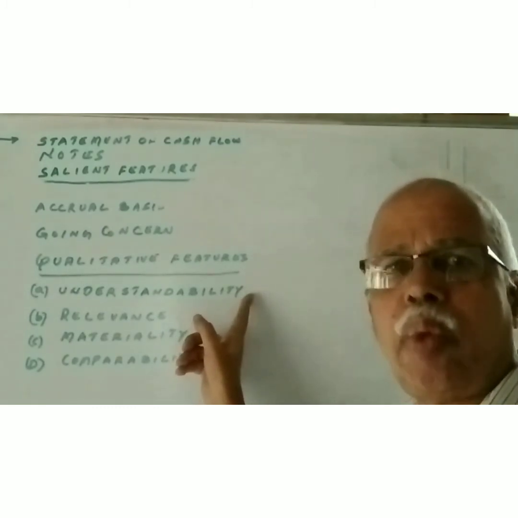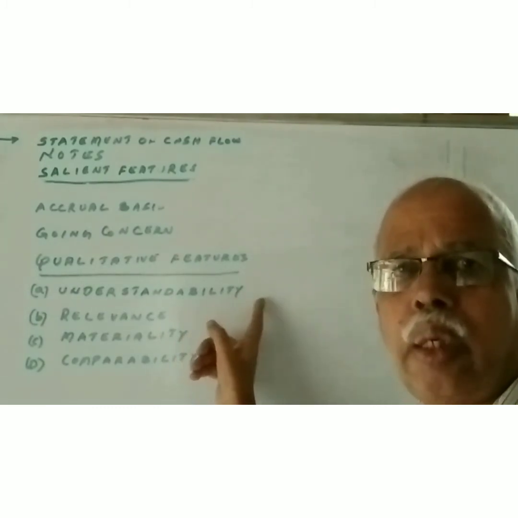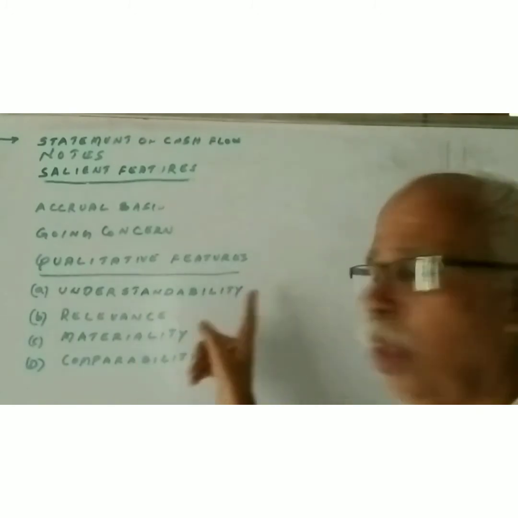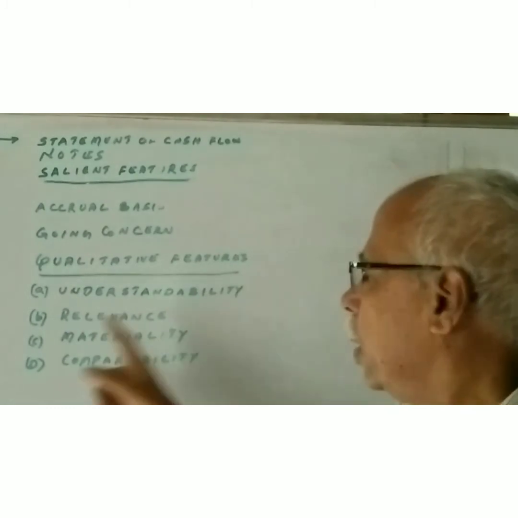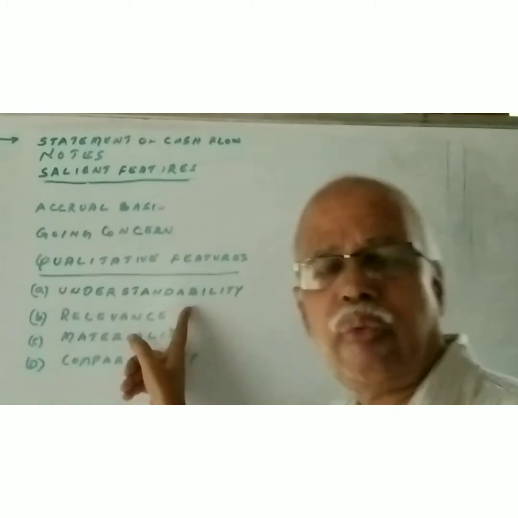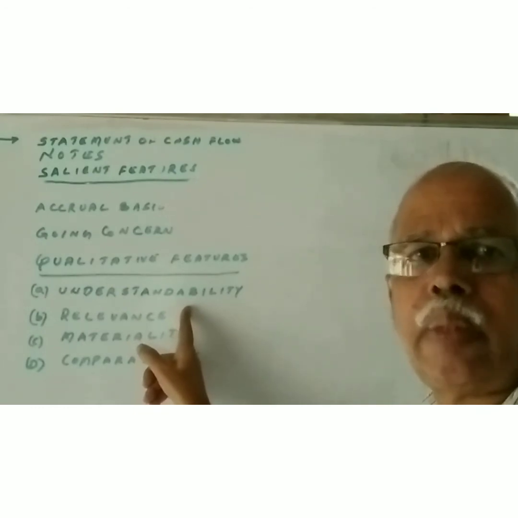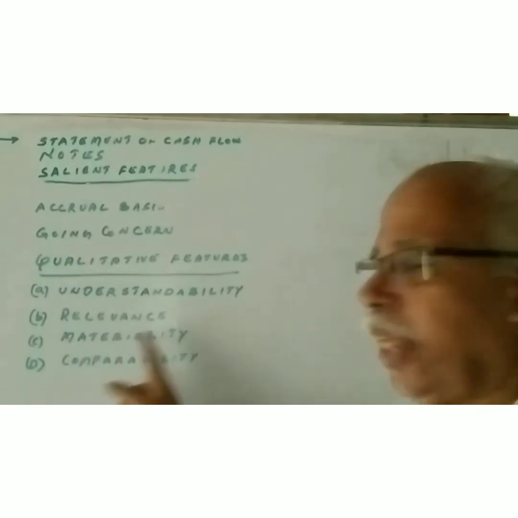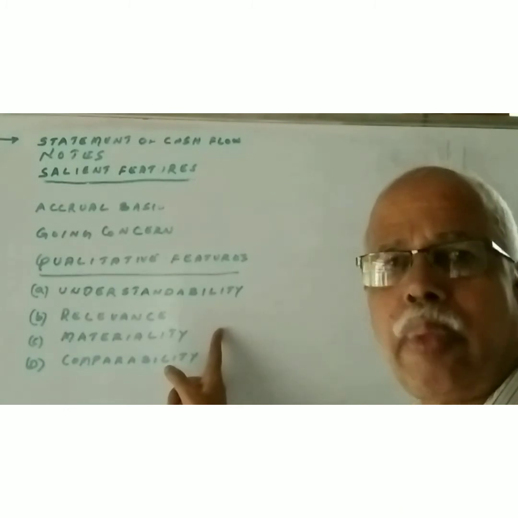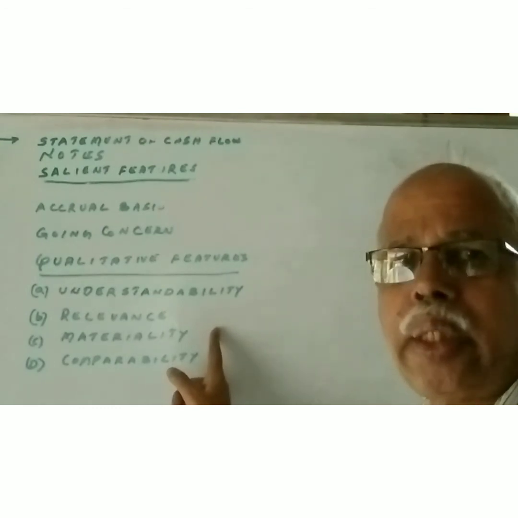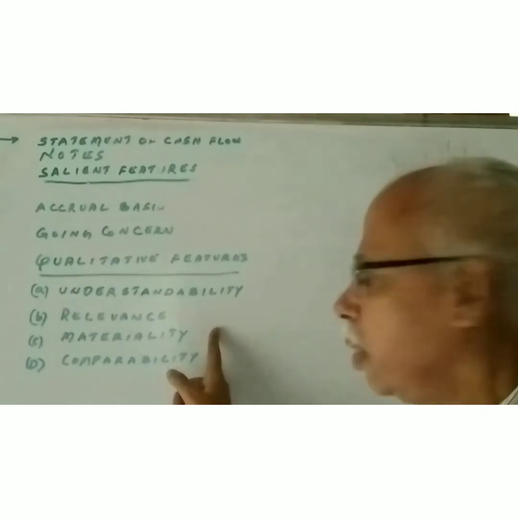Layman with a modicum of knowledge about business and economics should be able to understand it. Then relevance. All the information provided should be relevant to decision making. Then materiality. These statements should be free from material misstatement or omission, or else it will lose its relevance.